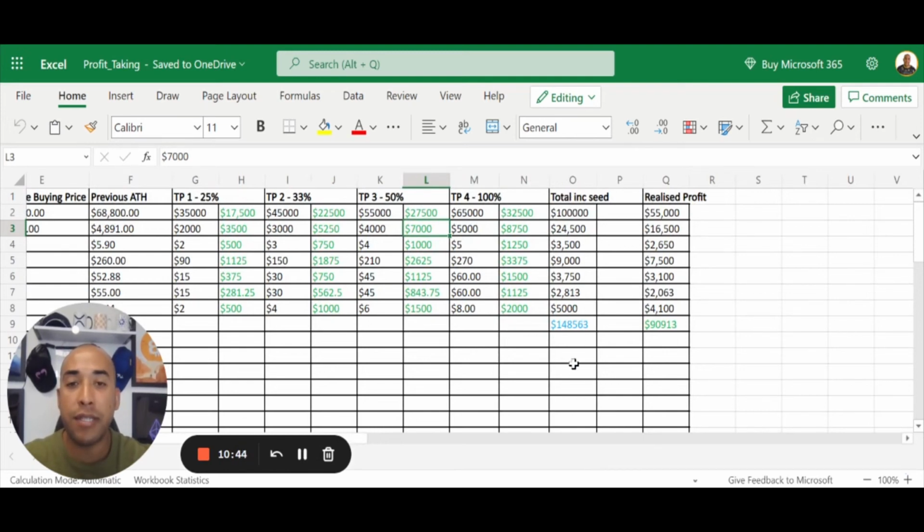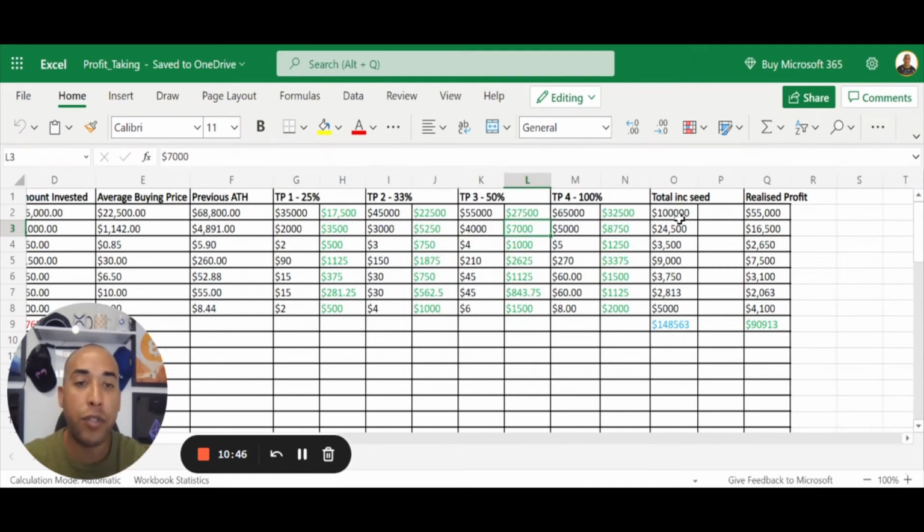Now, the total including seed is a way for you to add up all of these take profits, okay, and also the amount of money that you have actually spent on the cryptocurrency. So that will give you a total including your seed investment. And there's the figure there, okay?